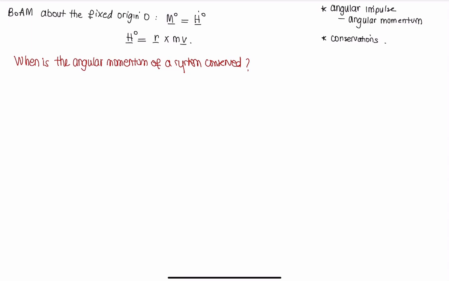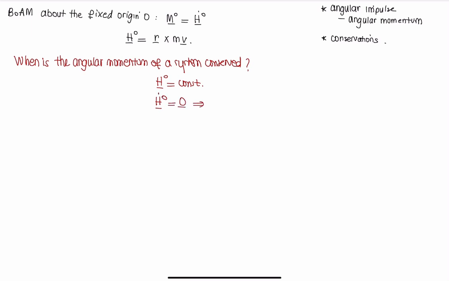This means that the angular momentum of the system is constant, right? H_O is equal to a constant. This means that the time derivative of H_O, which is the time derivative of a constant, would be 0. H dot O is just equal to 0.